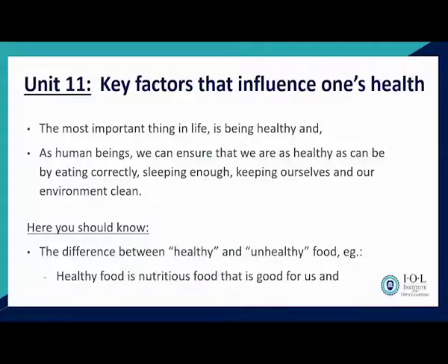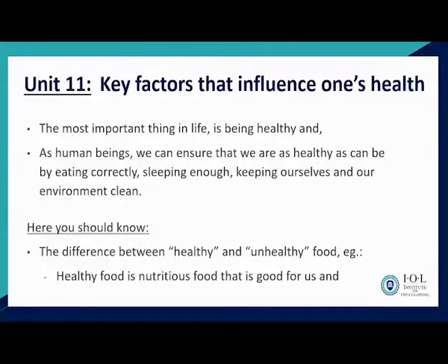Unit 11. Key factors that influence one's health. The most important thing in life is being healthy. And as human beings, we can ensure that we are as healthy as can be by eating correctly, sleeping enough, keeping ourselves and our environment clean.